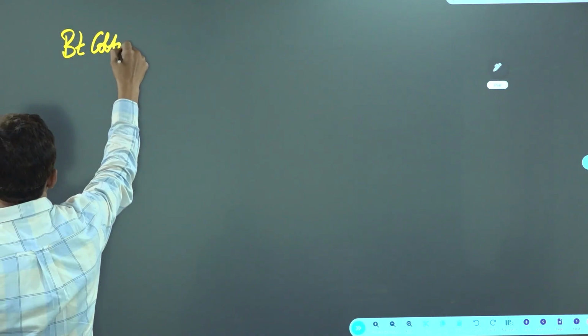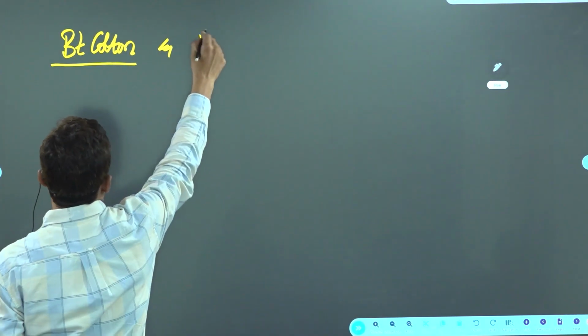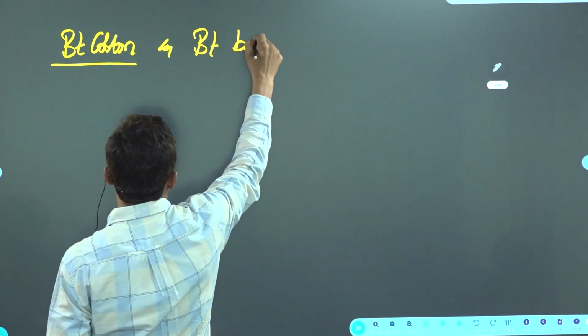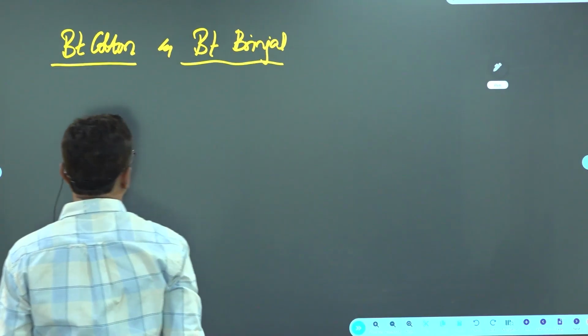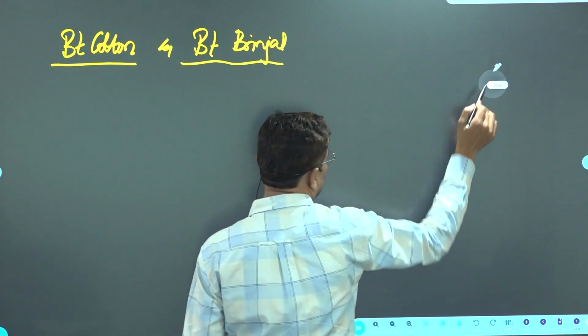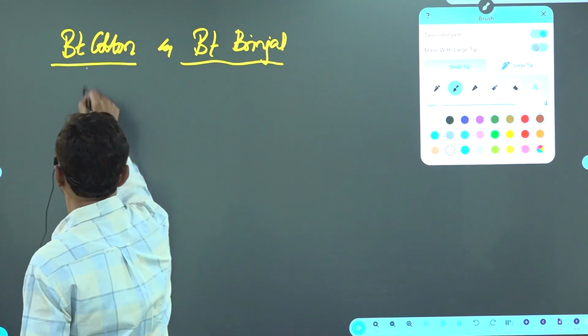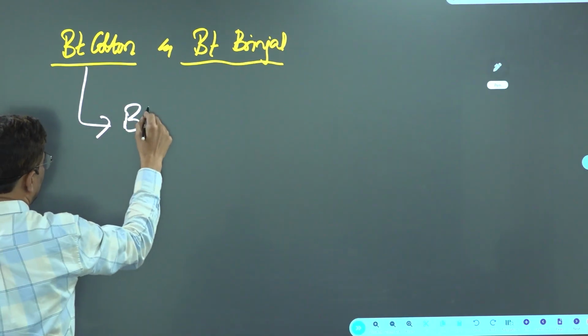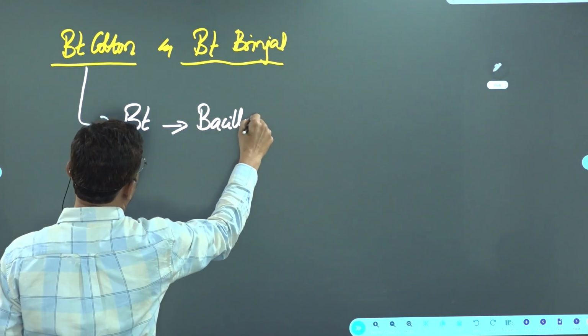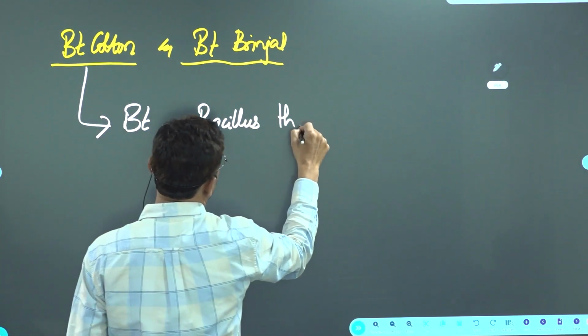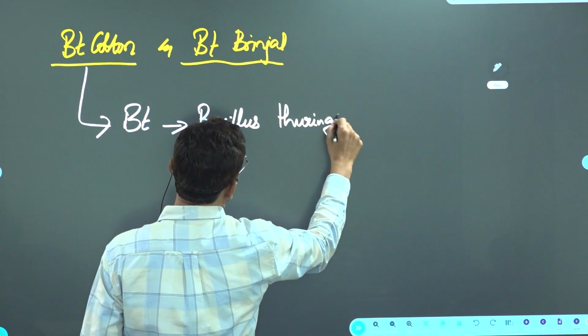BT cotton and BT brinjal. So here in BT cotton or in BT brinjal, BT stands for Bacillus thuringiensis.